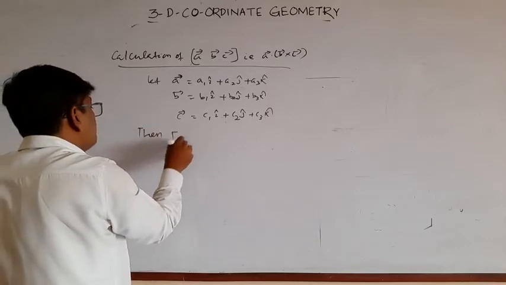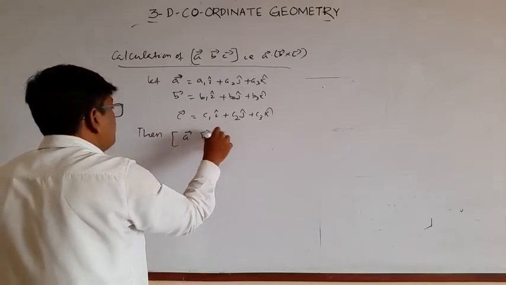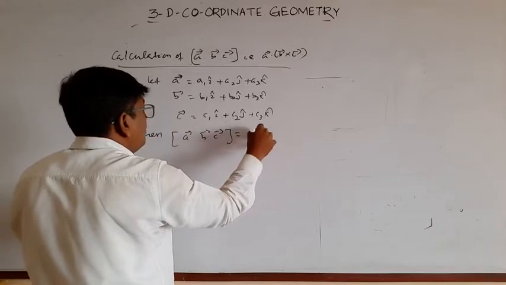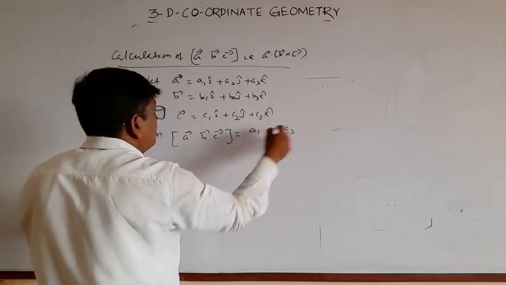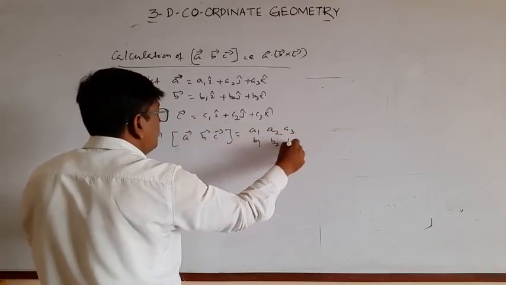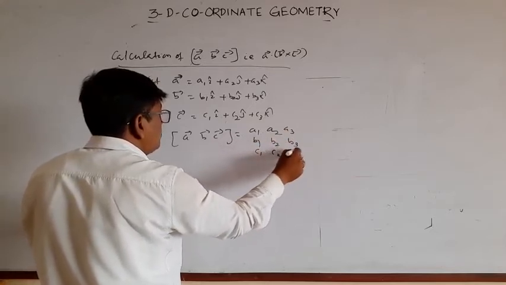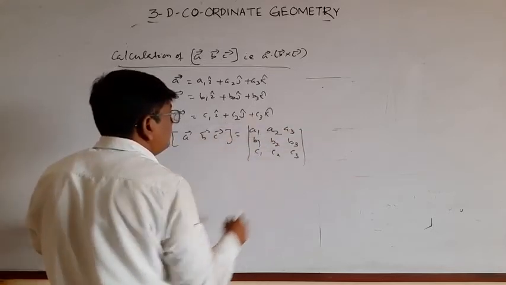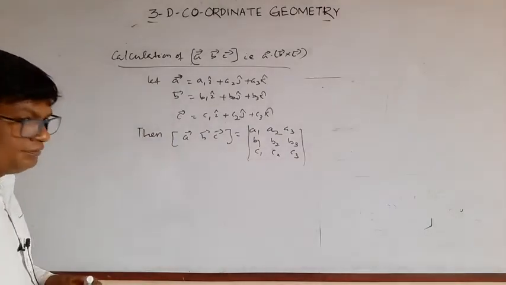Then the scalar triple product ABC is the determinant with rows A1, A2, A3; B1, B2, B3; C1, C2, C3.